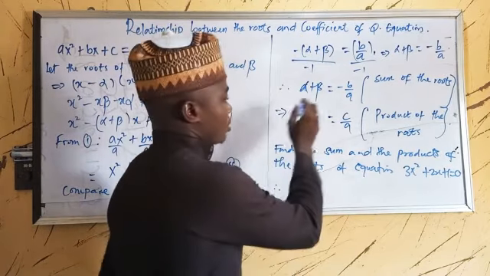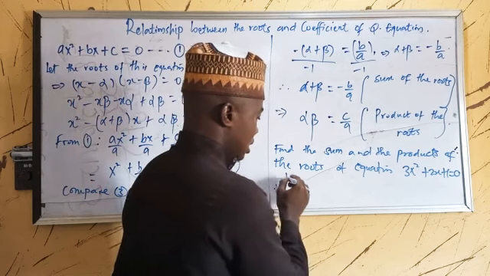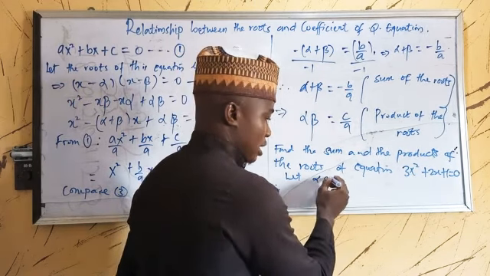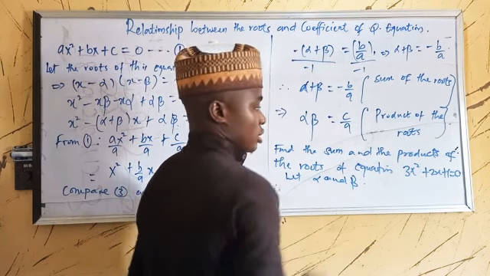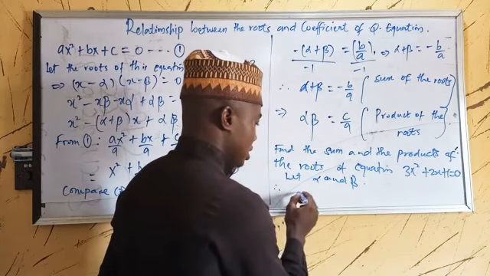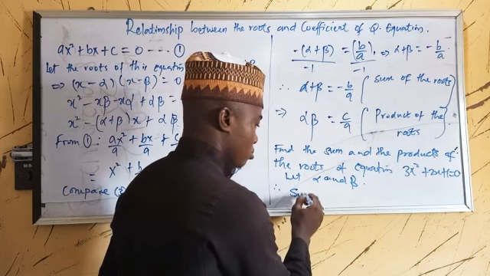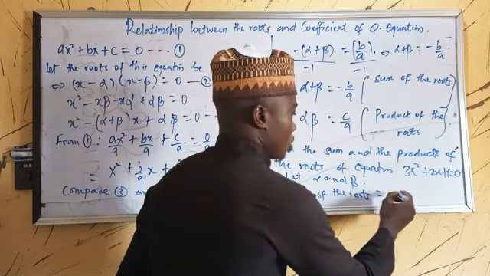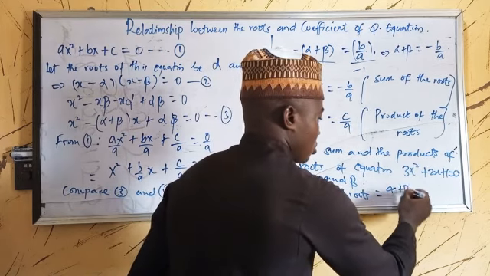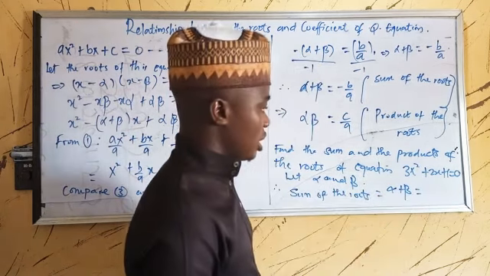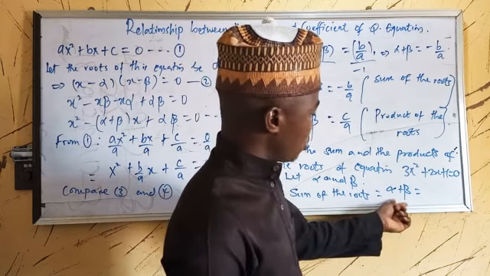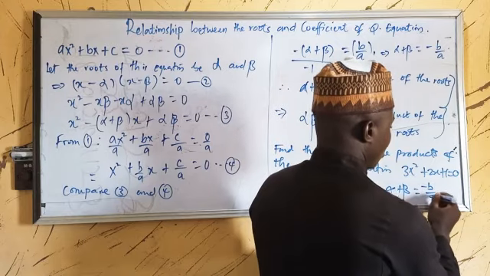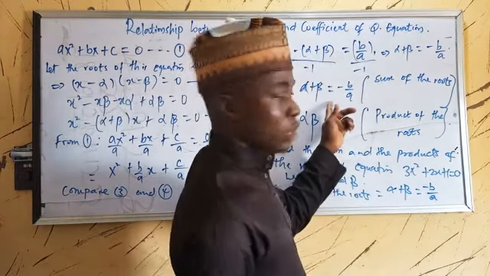So the first thing is the sum of the roots. Let our roots be alpha and beta. Then we need the sum of the roots, that is alpha plus beta. Alpha plus beta is the same thing as minus B over A from what we have here.